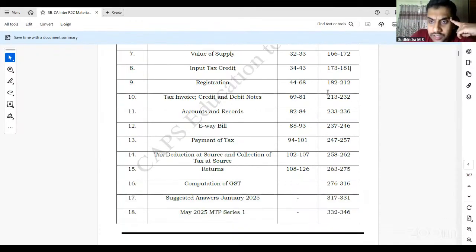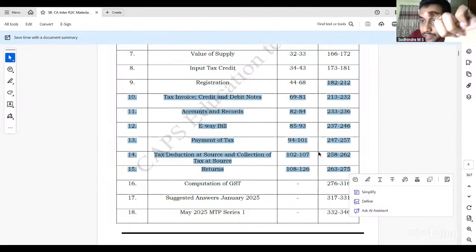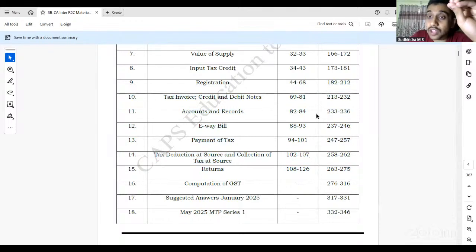Whereas from the registration chapter till the returns chapter, the procedural aspects chapters, in the recent past, maybe last 4 5 years, whatever questions have been asked in the examination, the entire thing has been compiled here.